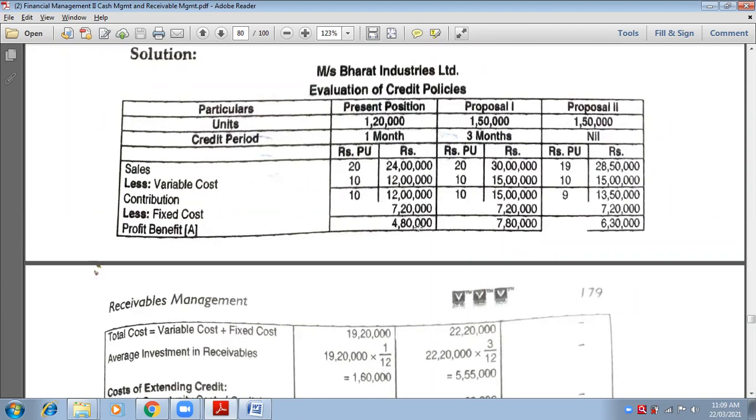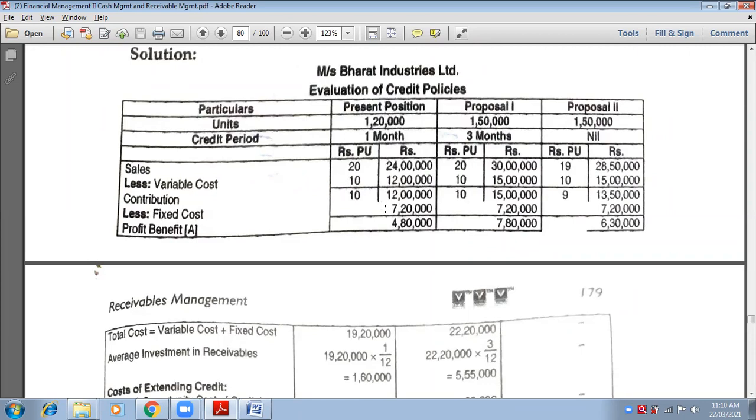Now you have to calculate the fixed cost of the present policy first. 12 lakhs minus 4,80,000. Is there any balancing figure? Contribution minus net profit. The balancing figure will be my fixed cost: 7,20,000.